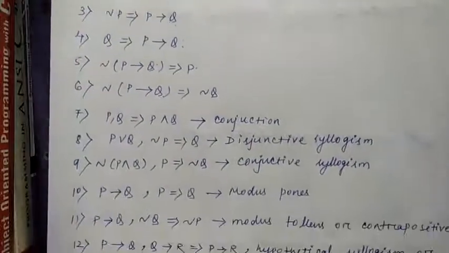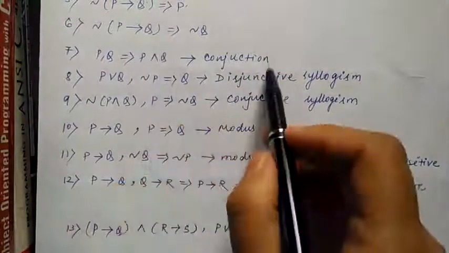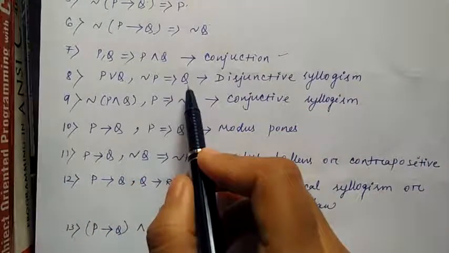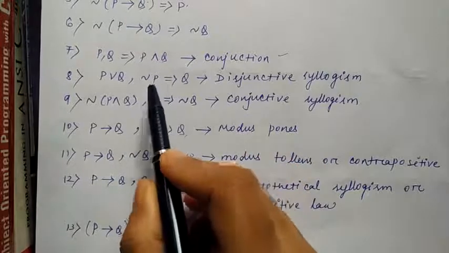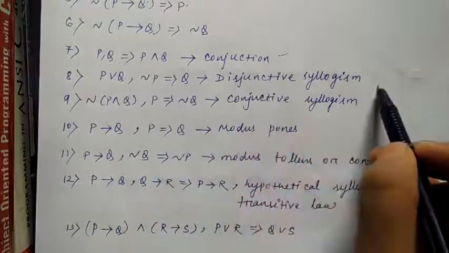Then comes, if you have two propositions P and Q, and you write P and Q, that is called conjunction. If you write negation P tends to Q, or negation P or Q, that is called disjunctive syllogism.